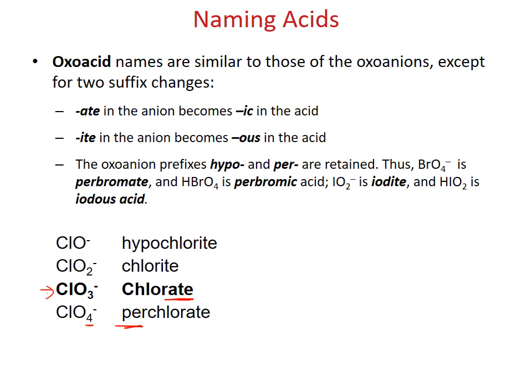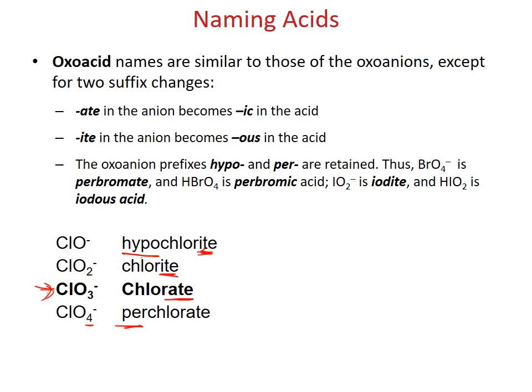One less oxygen is called chlorite, ITE, and two less oxygen are called hypochlorite. I hope you remember this. If not, go over the material. Try to remember, find the base, and then remember the rules.